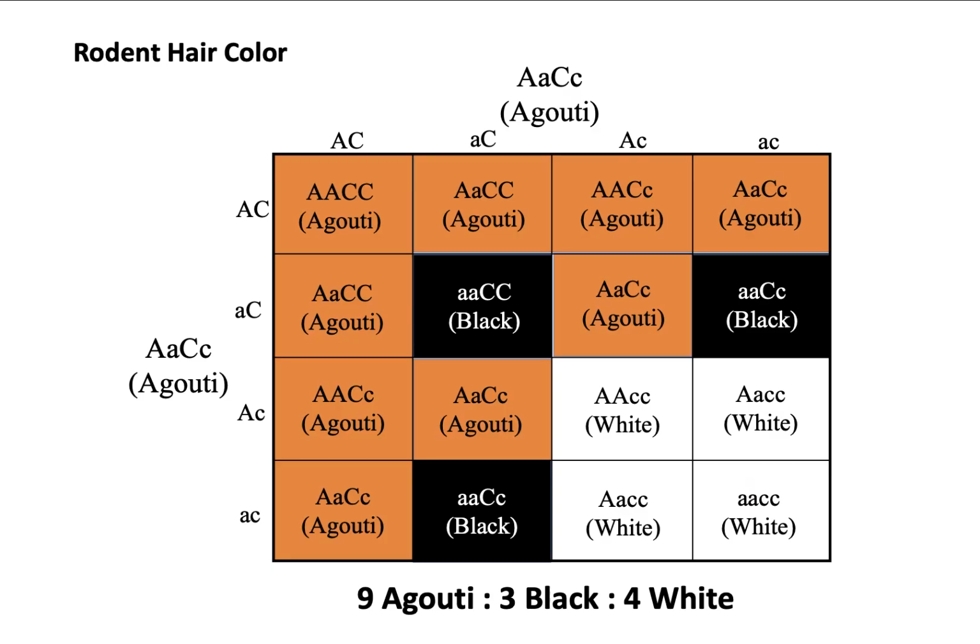This occurs when the expression of one gene and one set of alleles is dependent on another gene with another set of alleles for its expression.